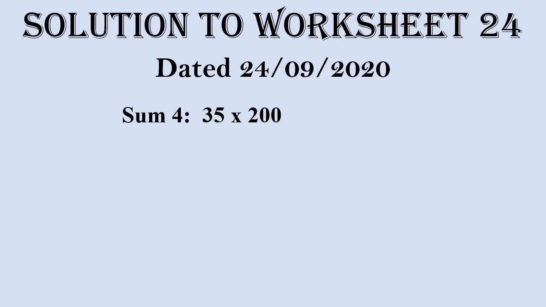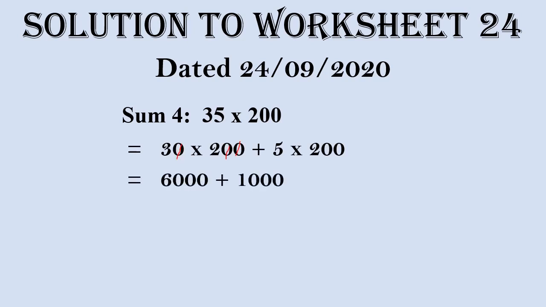The next sum, 35 into 200 is 30 plus 5 into 200, or 30 into 200 plus 5 into 200. Once again we'll count the number of zeros. There's 1, 2 and 3 zeros, and there's 1 and 2 zeros.